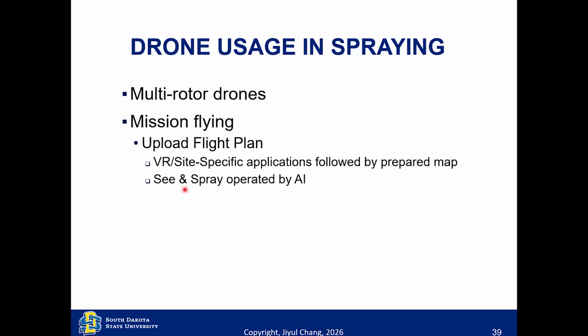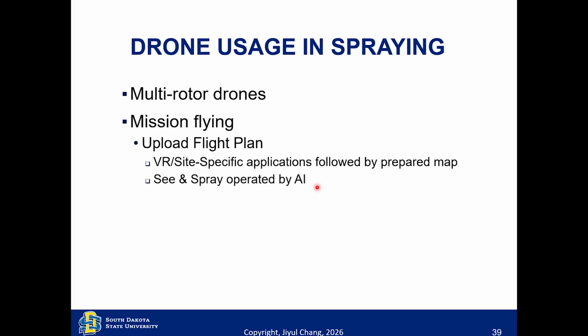And the second one is a see and spray operation by AI. So right now, the controller computer supports the AI, giving information to the controller in the drone. Then the drone flies on top of the crop field and detects the plants.